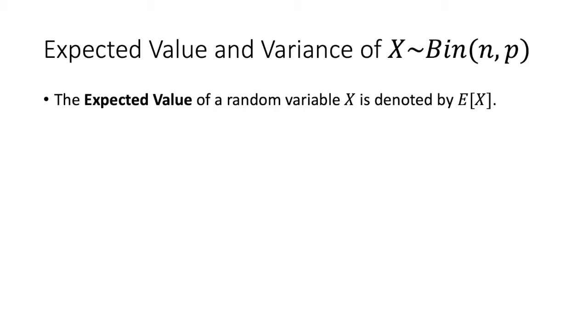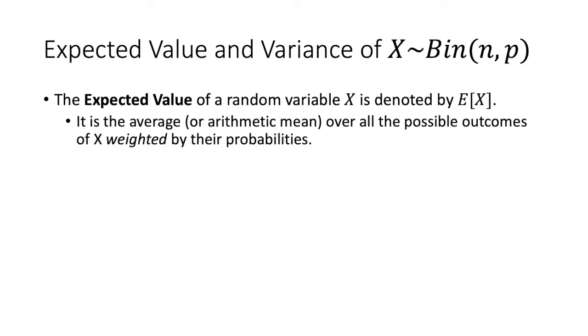In layman's terms, it is the average computed over all the possible values of a random variable, but while also accounting for probabilities of the appearance of each value. I'll show you with an example as to what that means, but formally, the expected value is the average or the arithmetic mean over all the possible outcomes of x weighted by their probabilities.